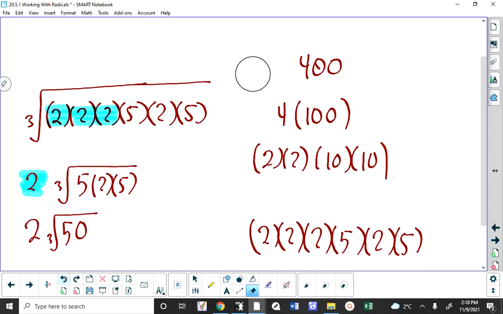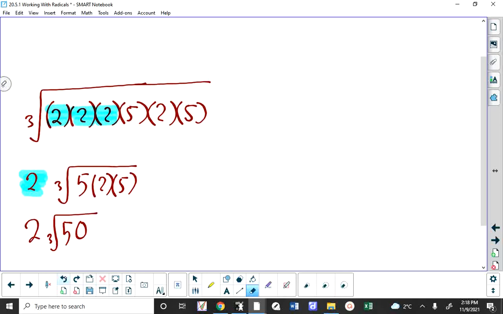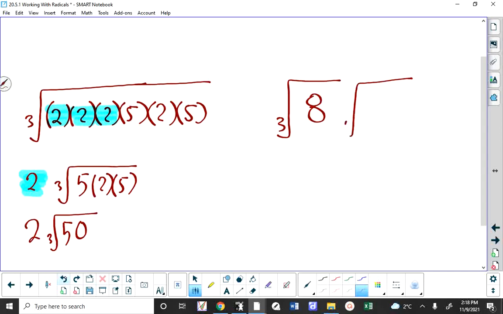To explain to you why this rule works, those 3 2's multiplied together give you 8. The 5 times the 2 times the 5 give you 50. The cube root of 8 is 2. Because a cube root is asking you for the number that you cube to get the thing you're taking the cube root of.